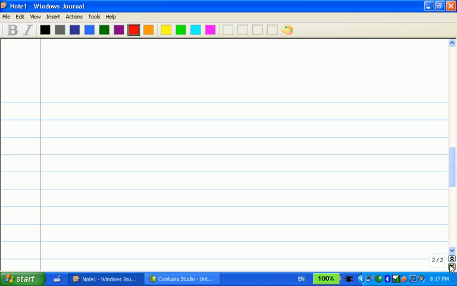So now let me give you another example. We want to sketch the domain for the function f(x,y) equal to square root of x plus y. Okay.